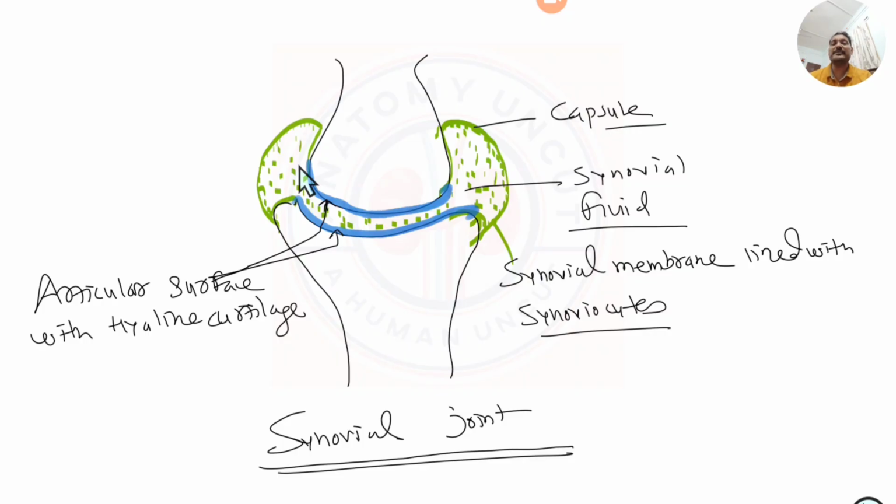A lot of joints are there based only on the articular surfaces. If they are plane, they allow some gliding; if they allow hinge-like movement, hinge; if they have an ellipsoid shape of the bones, like the wrist. So there are a number.